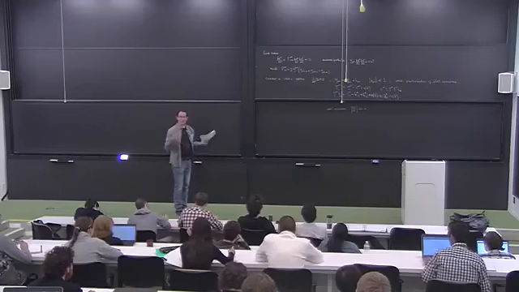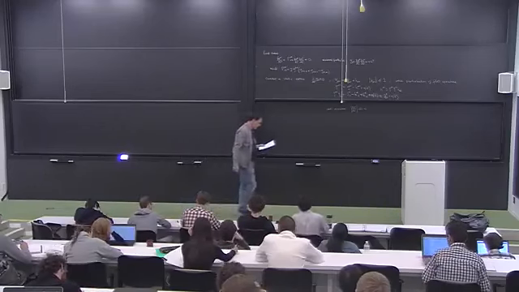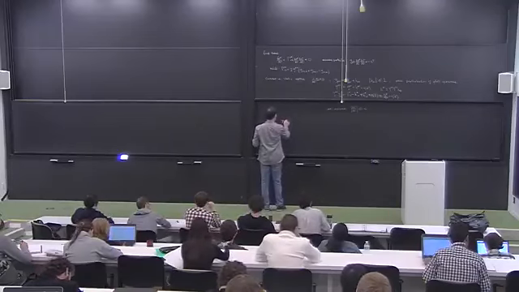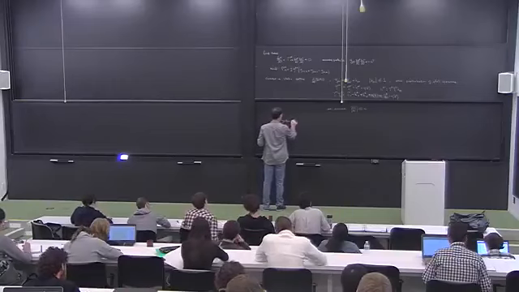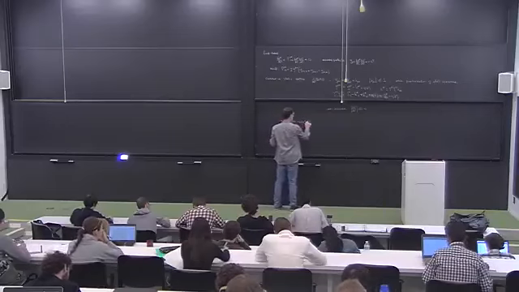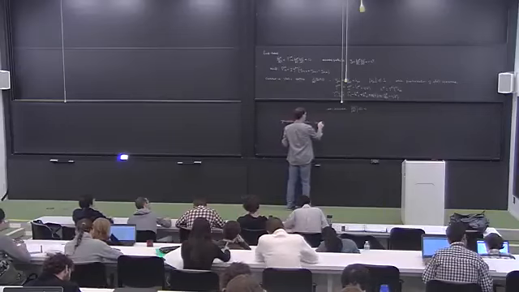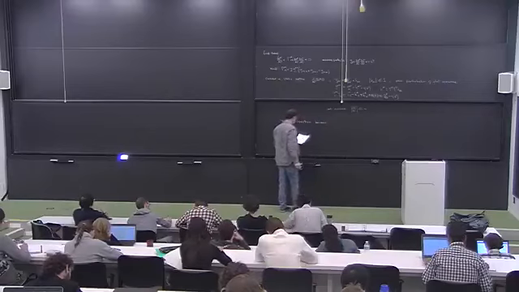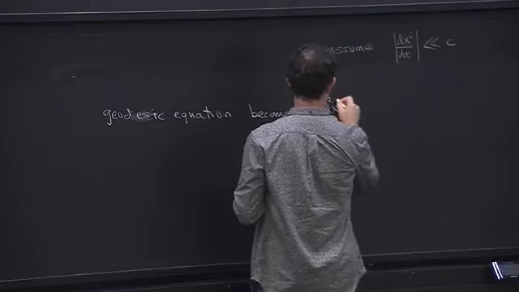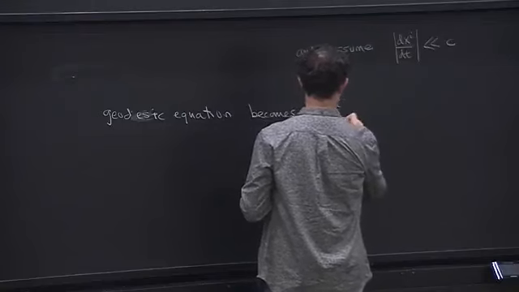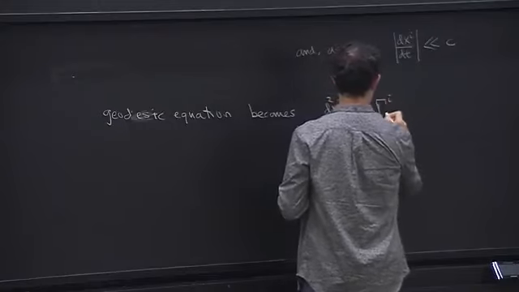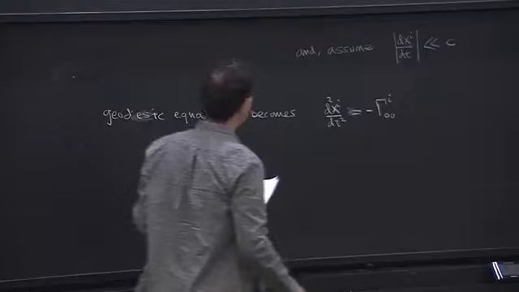It seems reasonable. That's all the situations we're most familiar with. And then the geodesic equation simplifies. The spatial components d2xi d tau squared are equal to minus gamma i.